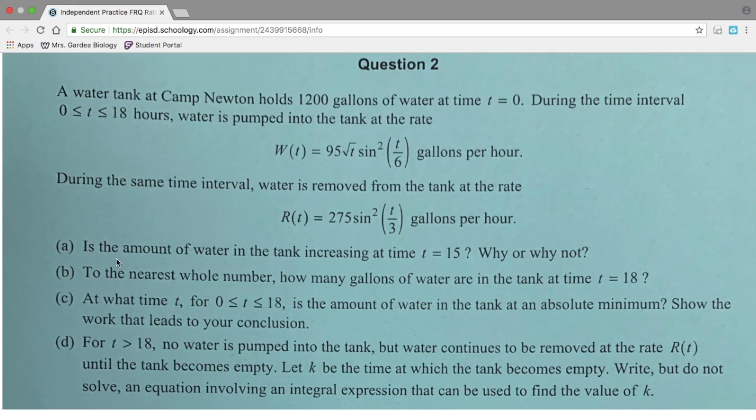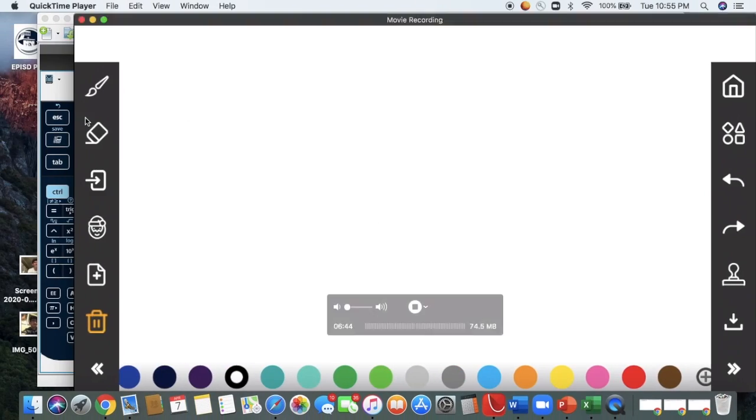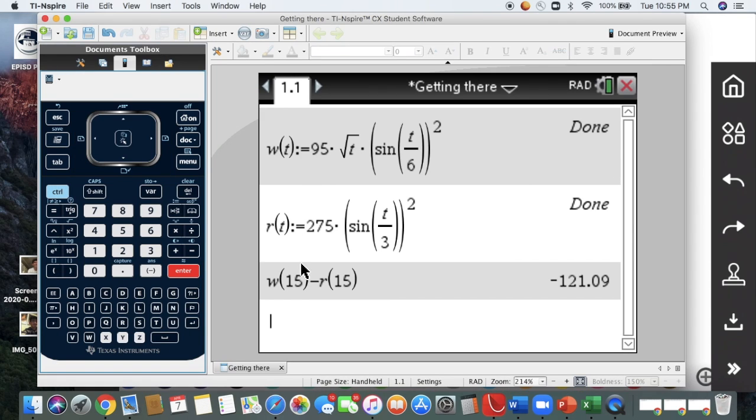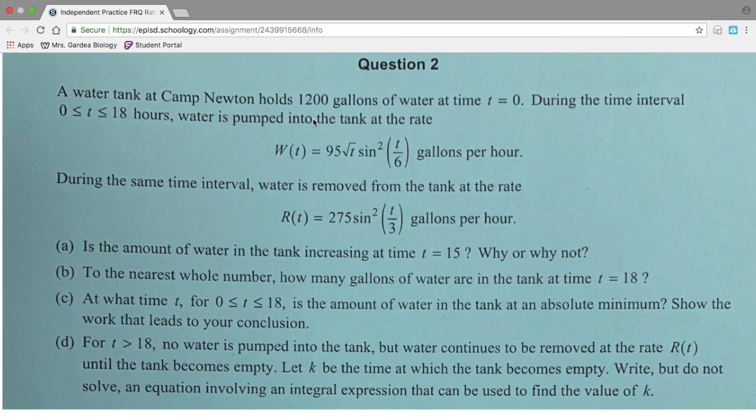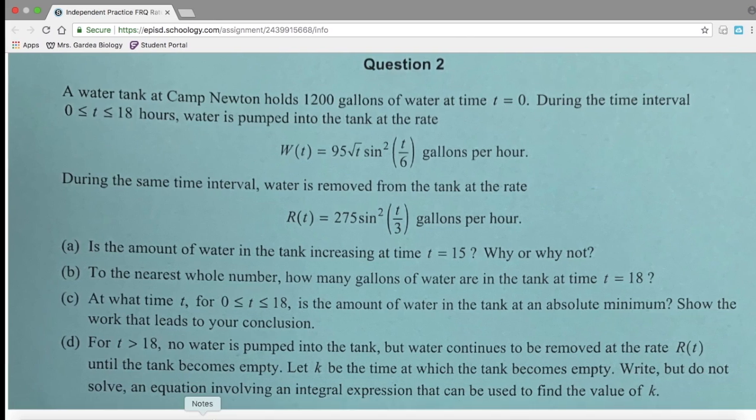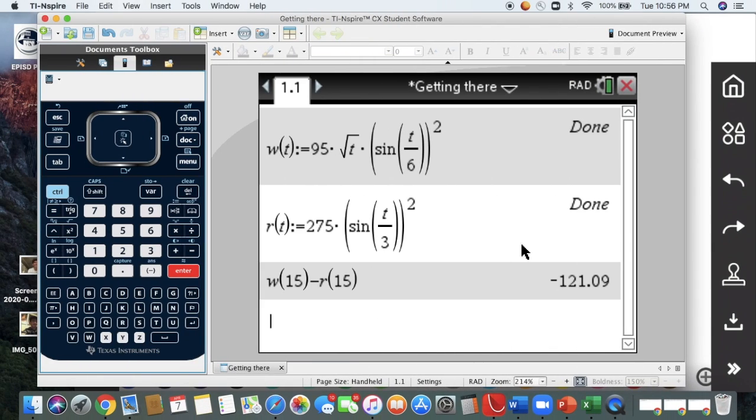Question B, to the nearest whole number, how many gallons of water are in the tank at time t equals 18? So this is where the integration starts happening. And so you read your question and you realize that you have an initial condition of 1,200 gallons of water at 0 hours, right? So you'll have an initial 1,200 plus whatever the difference is, the rate of change between the rate in and the rate out.